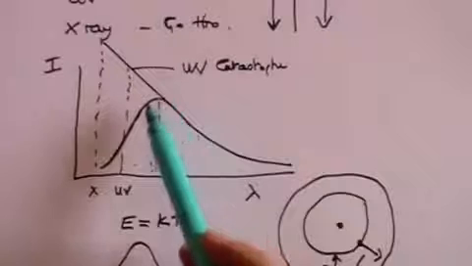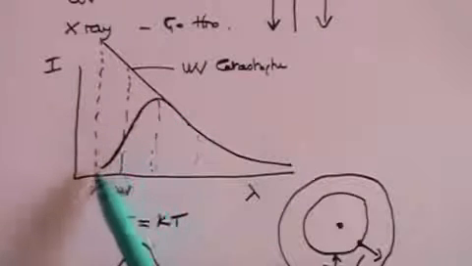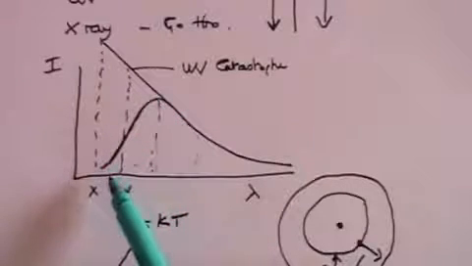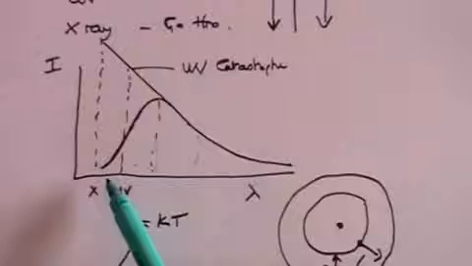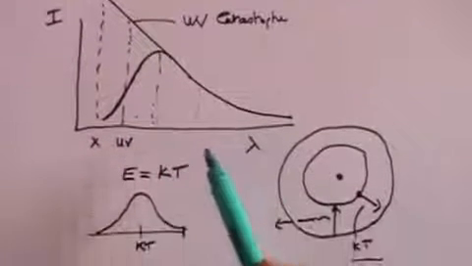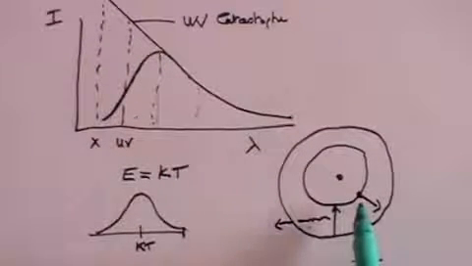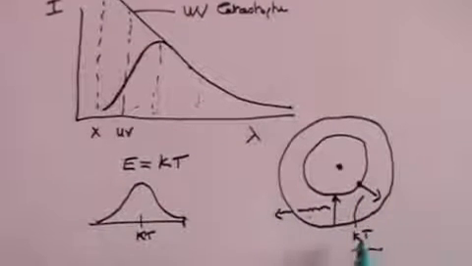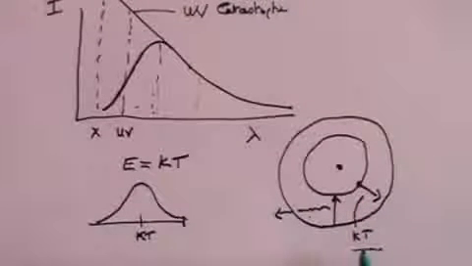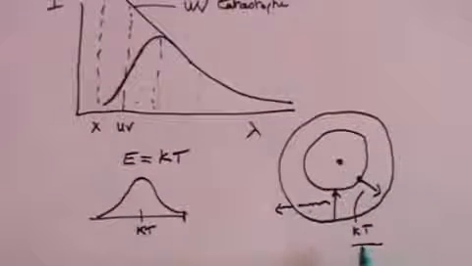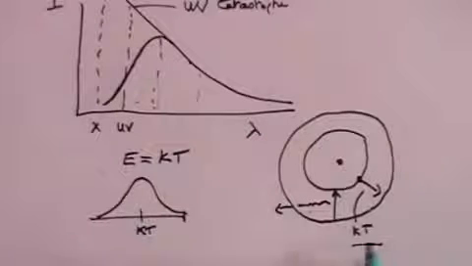And that's why the curve comes down quite sharply, so that you get hardly any ultraviolet or any X-rays. And the reason for that is that the energy has to be in packets, and the photon contains those packets of energy, and the energy can't be greater than the available energy in the gas itself, which per atom is about kT.